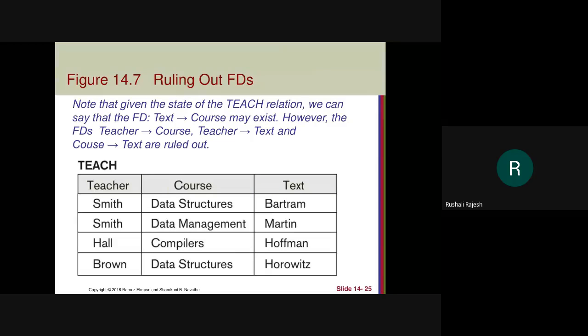Because Smith has the course data structure, and in the fourth row as well it would have been data structure, and the variation would be there in the text.